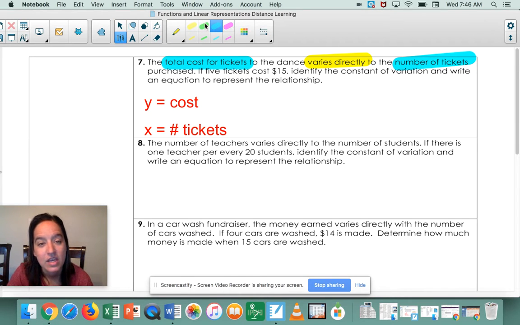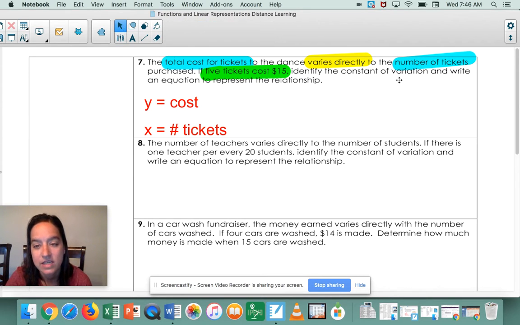Perfect. The next thing we're going to look for is that it says if 5 tickets cost $15, identify the constant of variation and write the equation to represent it. Well, the constant of variation is the constant rate.